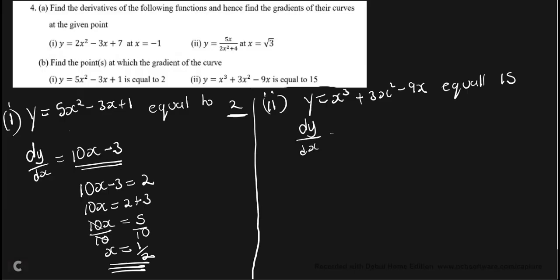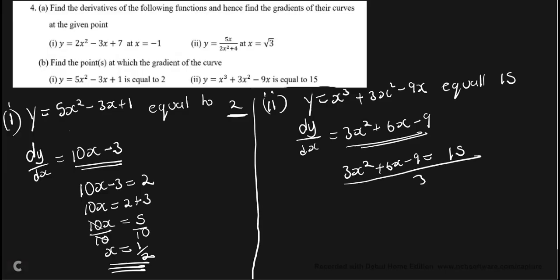dy/dx equal to 3x squared plus 6x minus 9. So this derivative, we equate it to 15. So it will be 3x squared plus 6x minus 9 equal to 15. Now the good part is that we can reduce these numbers by 3, all of them together.